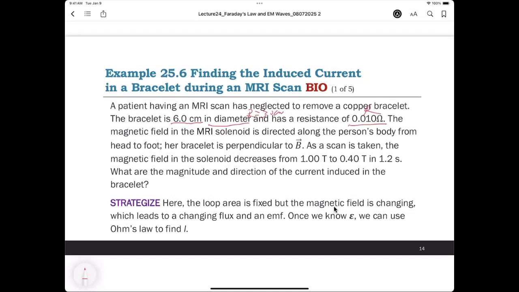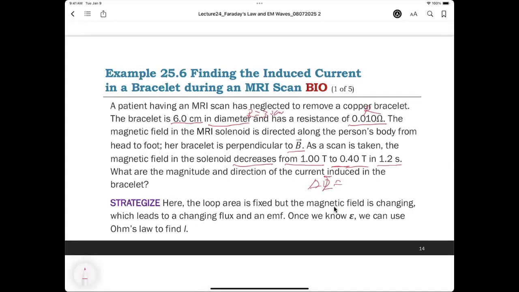Her bracelet is perpendicular to B, and as a scan is taken, the magnetic field in the solenoid decreases from 1 T to 0.40 T in 1.2 seconds.